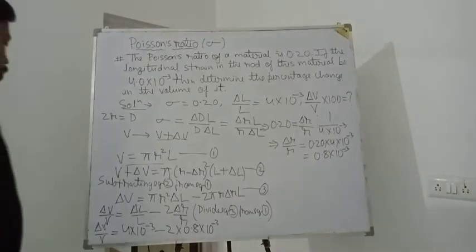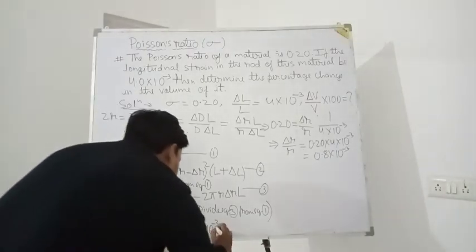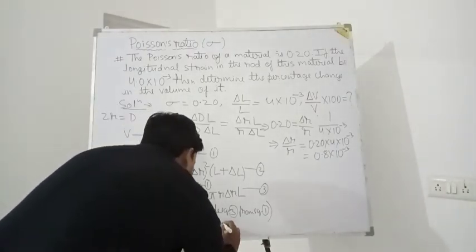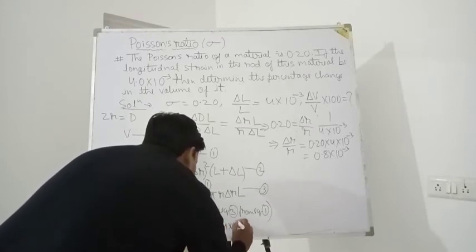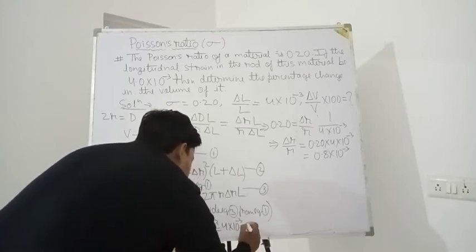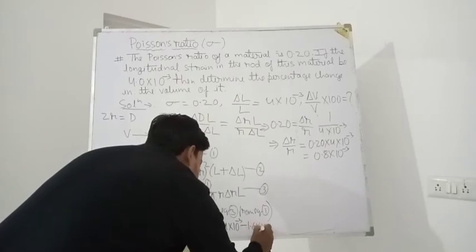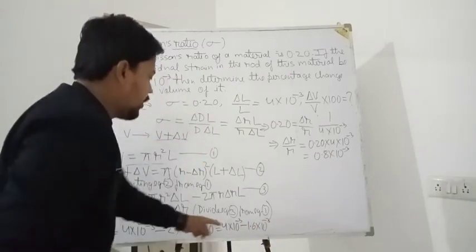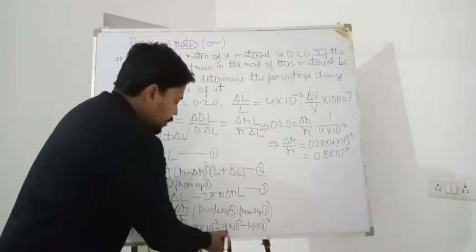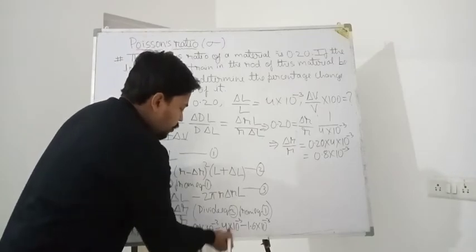So this will come to 4 into 10 to the power minus 3 minus 1.6 into 10 to the power minus 3. Just take 10 to the power minus 3 common and subtract 1.6 from 4.